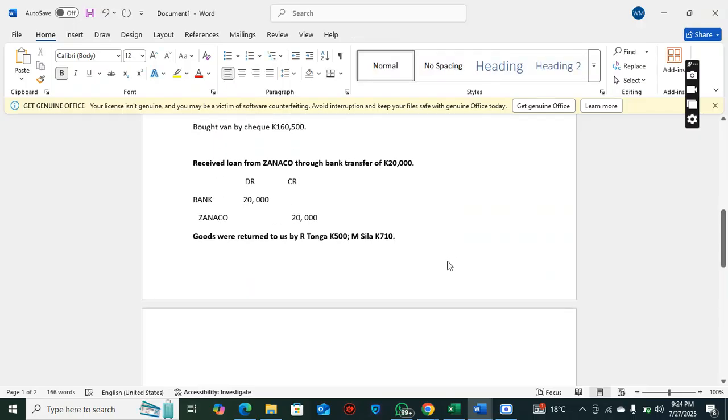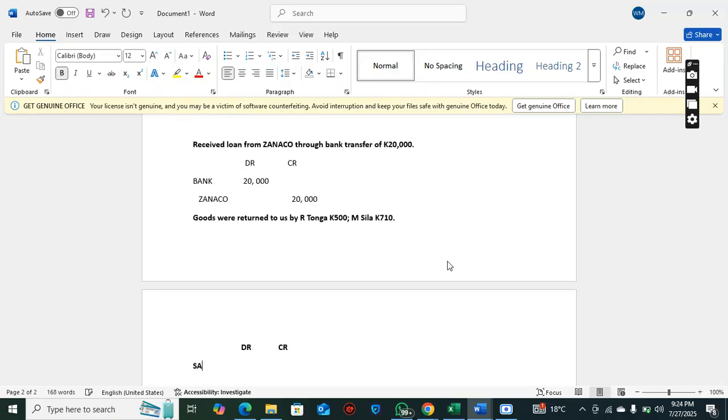So it debits sales returns, contra revenue. So 500 plus 710, that should be 1,210.